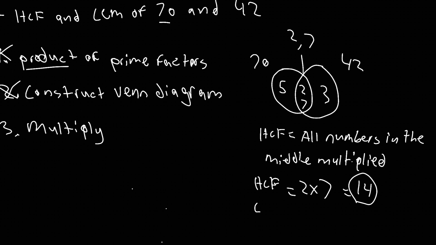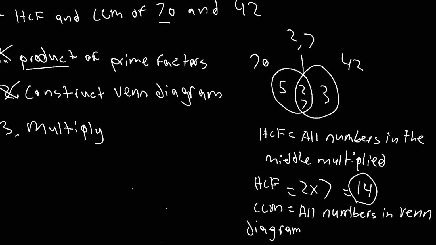As for the lowest common multiple, the lowest common multiple is all numbers in the Venn diagram multiplied. So you just find every single number here and just multiply them together. So let me do it here.